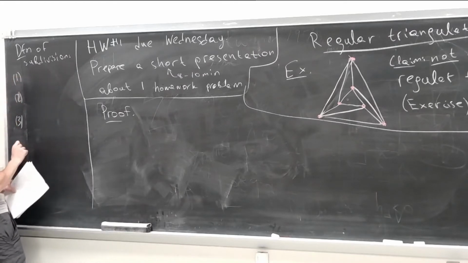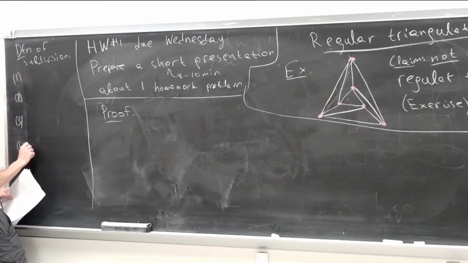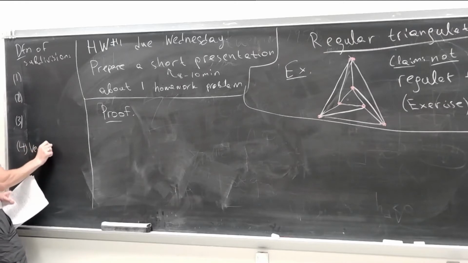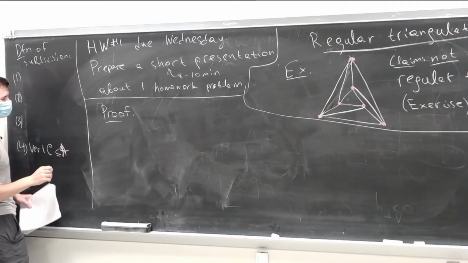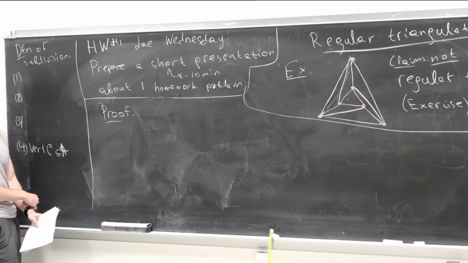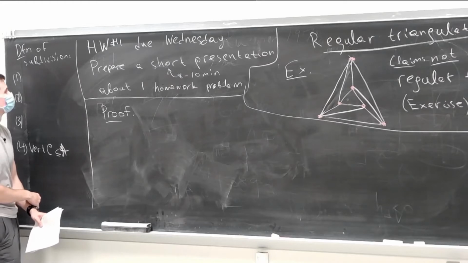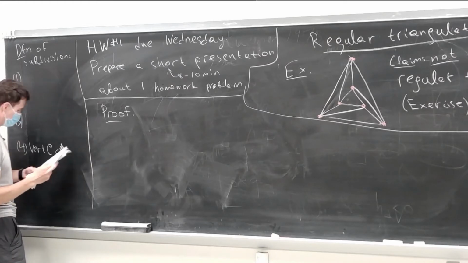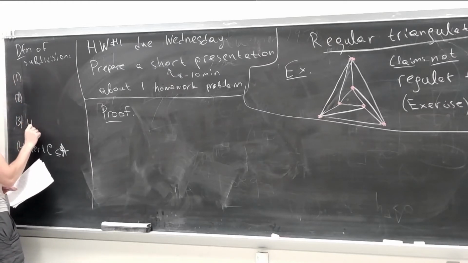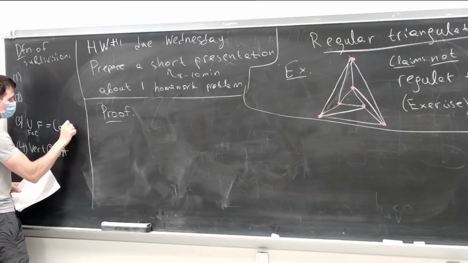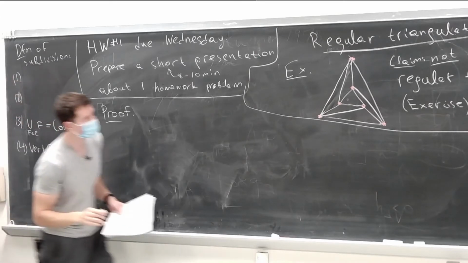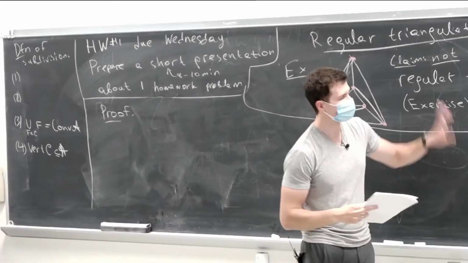Each vertex, oh yeah, that's actually the 4th condition: vertices of C should be a subset of the vertices of A. Okay, the union of all faces in C is the convex hull of A. And it should be a subdivision of A. All right.